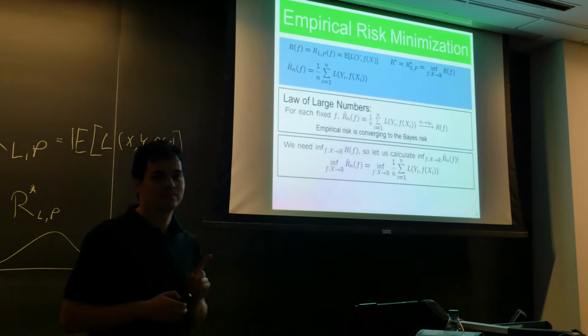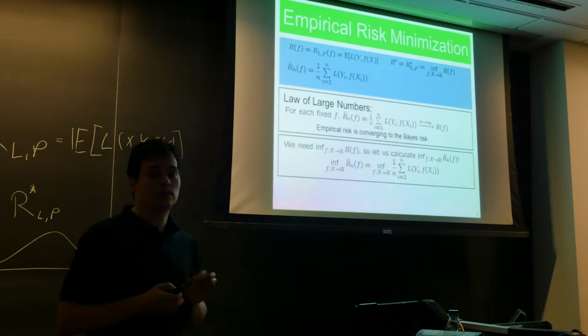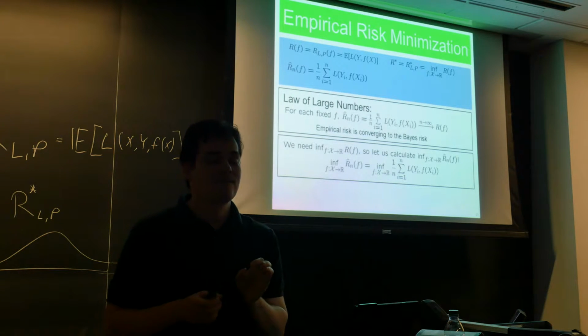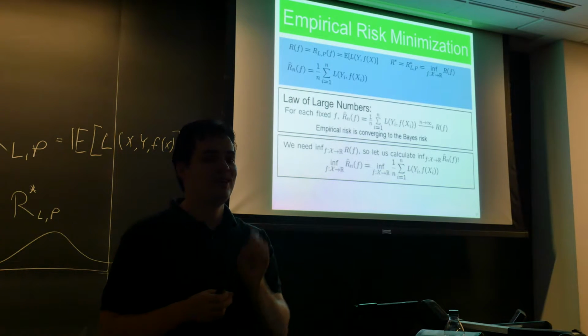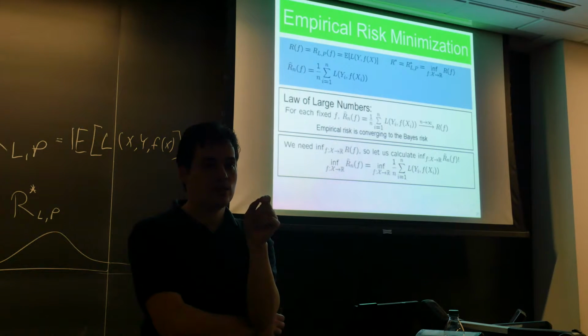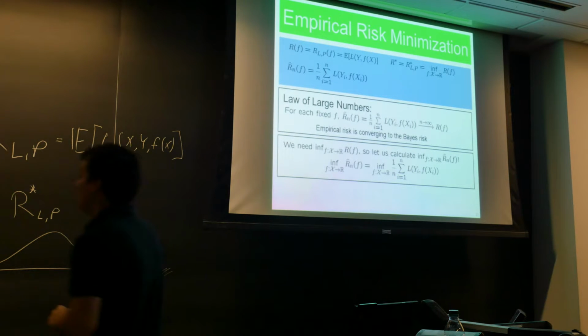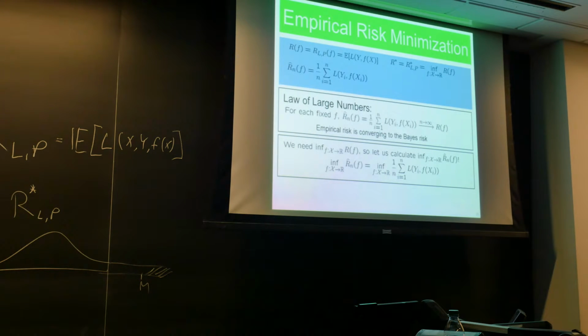Because you're saying that if you minimize over the empirical risk, then you're going to converge to the Bayes risk. Isn't that the same as? Right. So if I minimize the risk for all possible f functions, that would be the Bayes risk. That's clear, right? R of the min of R of f, that would be R star for all possible functions f.